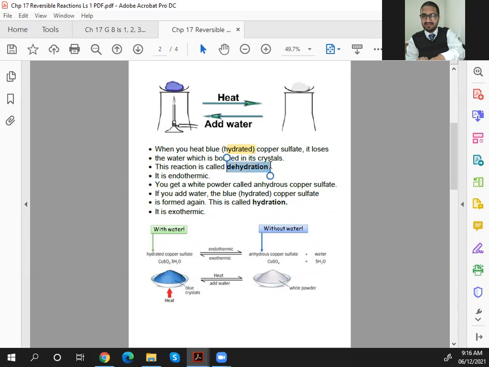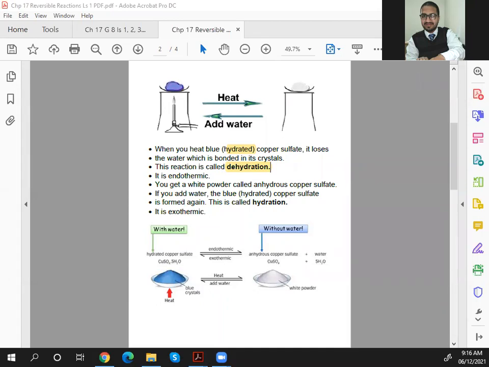So what is the meaning of dehydration? Very easy: any substance that loses water, that is called dehydration. You mostly hear that during diarrhea, when someone has loose motion and vomiting.